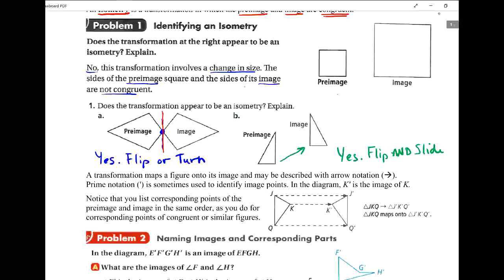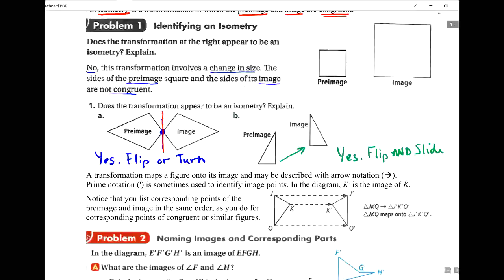So yes, it is still congruent to itself. It can be moved to get there. Part B, again, yes, but this one is a flip and a slide. We flipped it over and then we slid it up, or we slid it and then flipped it. But it is still an isometry because your corresponding parts are congruent.